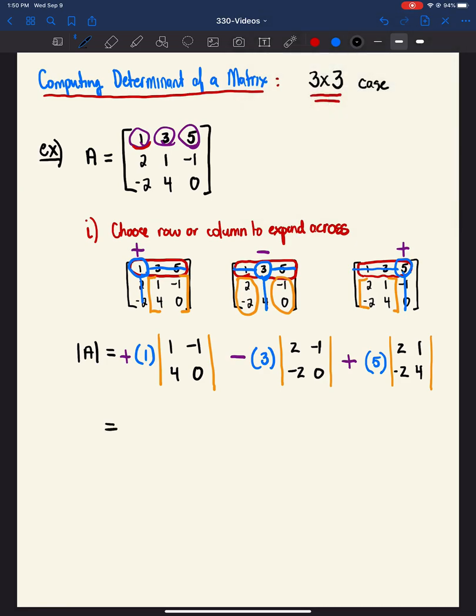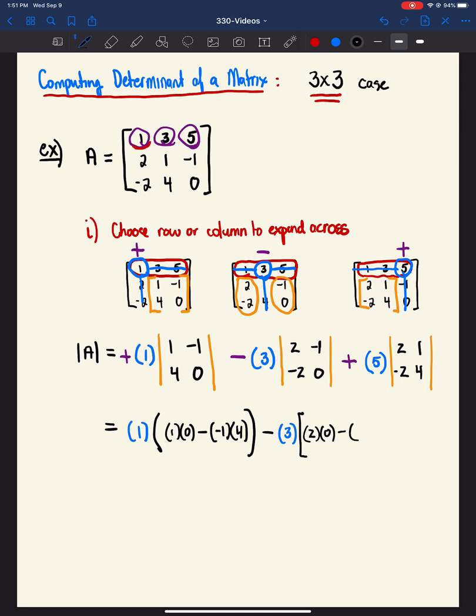So let's actually finish computing this. So this gives us a 1 times the product of 1 and 0, which is 0, and then we subtract off the opposite case, which is -1 and 4. And we'll do a similar thing for the others as well. So minus 3 times the determinant of that 2 by 2, which in this case we have another 2 times a 0, so that gives us 0.